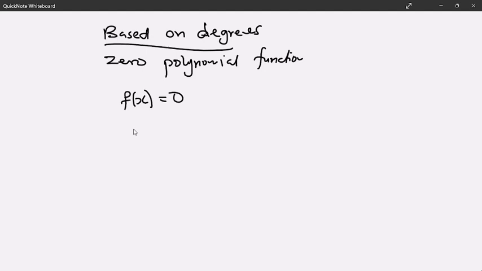So f of x being equal to 0 and it's just 0 and no other term, then that particular function is called a zero polynomial function. In our subsequent videos, we will look into details what a zero polynomial function means.